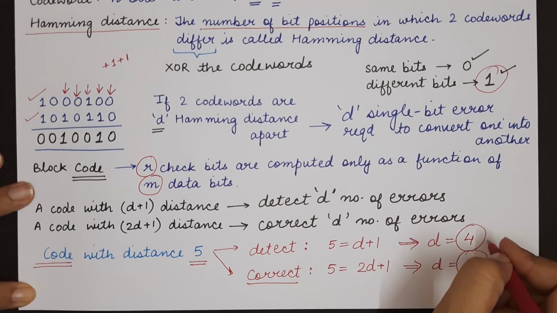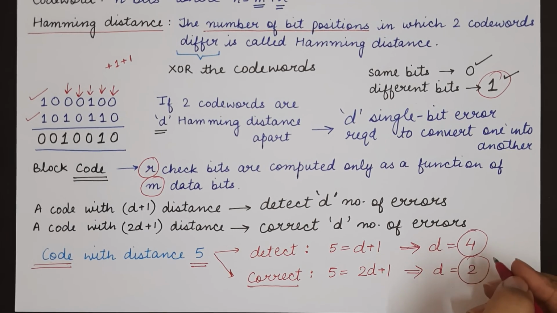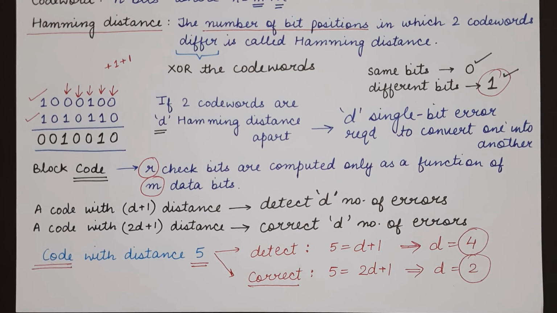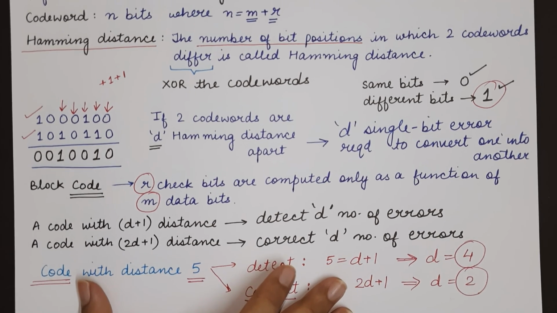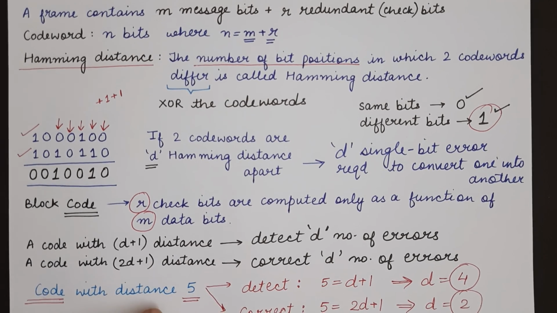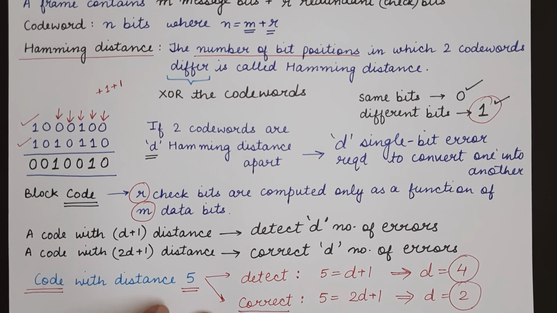But if quadruple errors have occurred, that means errors have occurred in 4 bits simultaneously, such errors will only be detected.